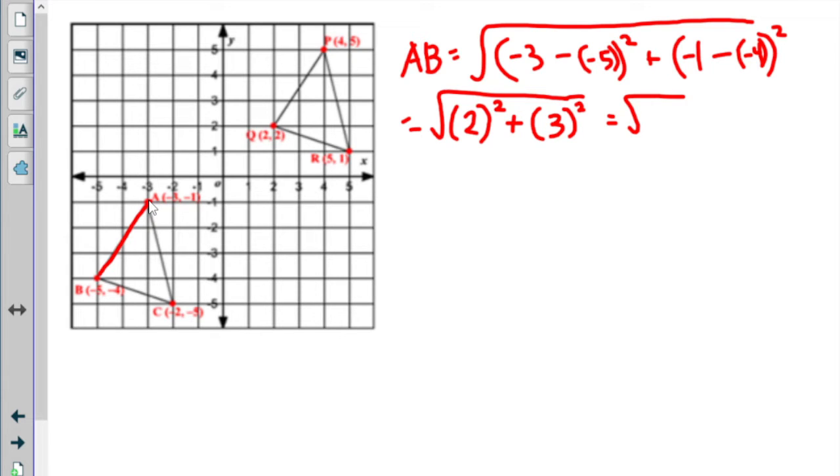Two squared is 2 times 2, which is 4. 3 squared is 3 times 3, which is 9. Remember, squaring means multiplying something by itself. So that will equal the square root of 4 plus 9, which is 13. So that's all your details of the distance formula. Questions up to that point?